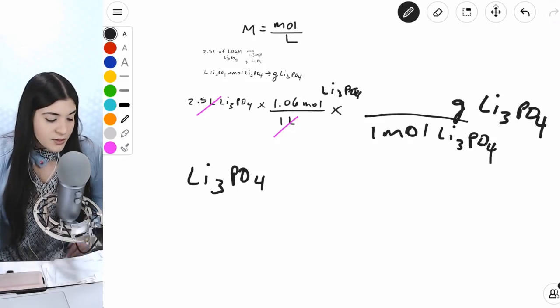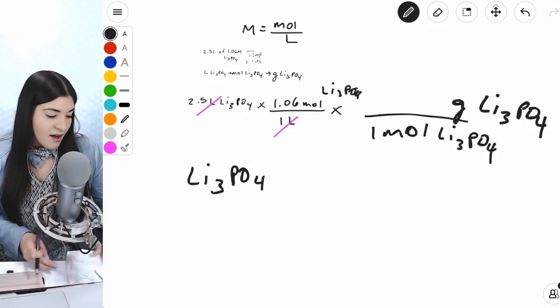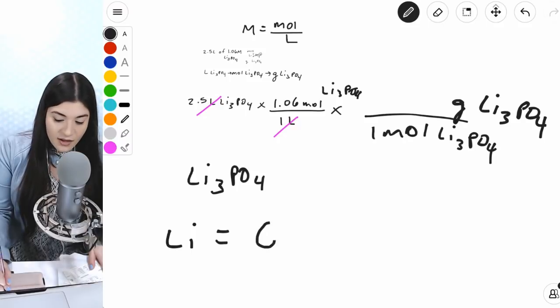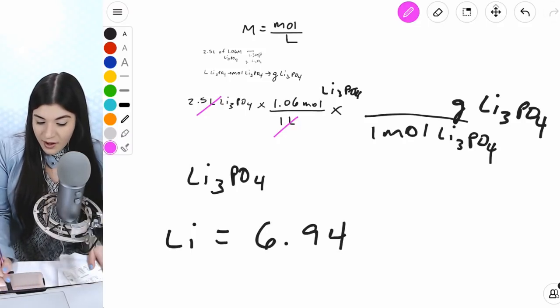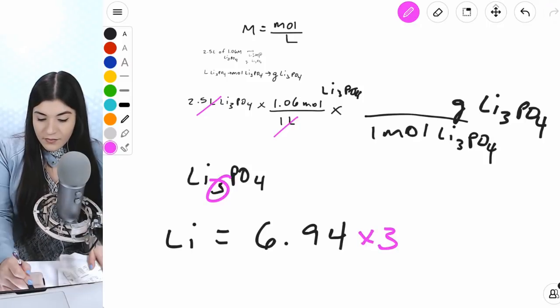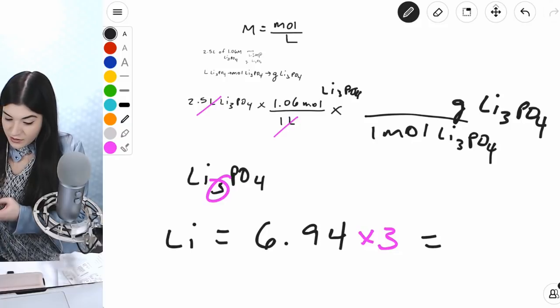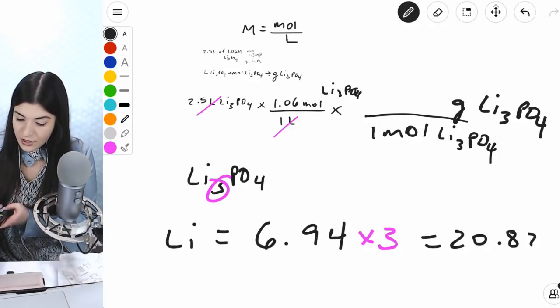Okay, so let's go back to our periodic table and then figure out what we have. So lithium has a mass of 6.94, and I'm going to multiply that by 3 since there are 3 of them. Okay, and let's do that together. So we'll see how much we have. So 6.94 times 3, that gives us 20.82.